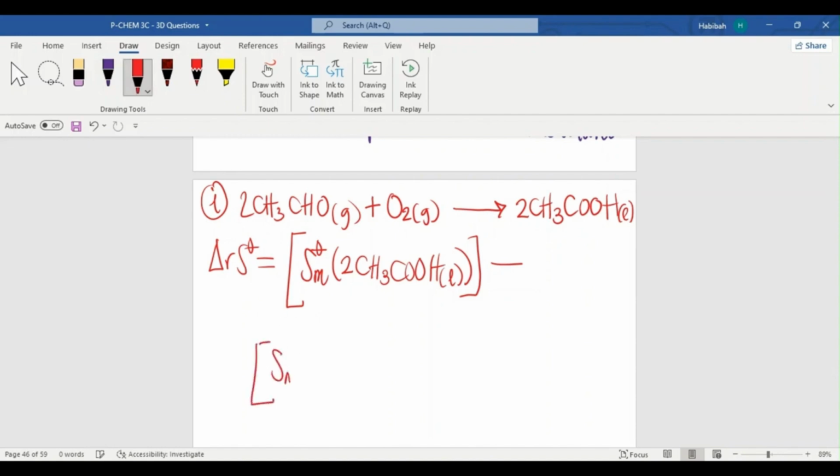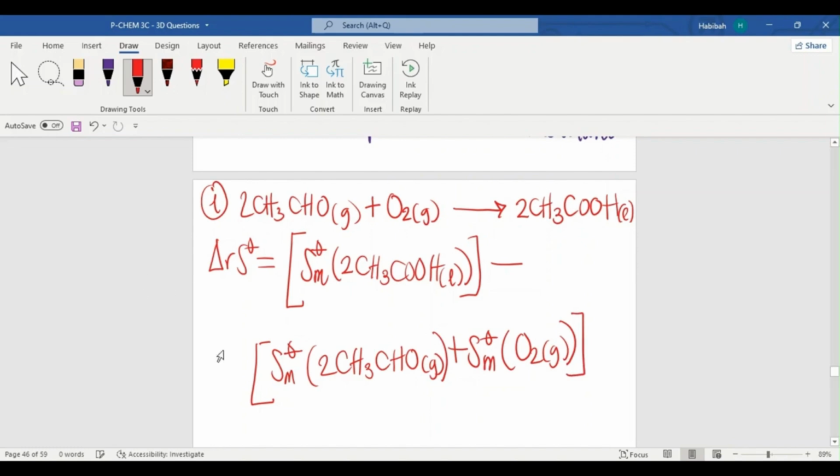The first reactant is 2CH3CHO gas, plus the molar entropy of O2 gas right here. So that's basically how it's done.